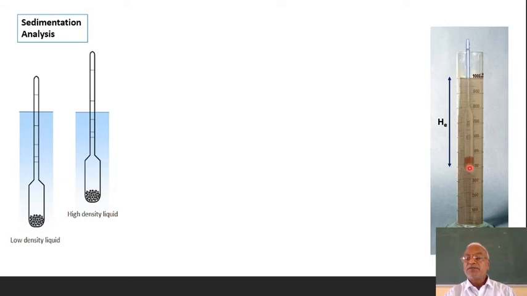Now the distance from the bottom of the bulb to the surface of the liquid is known as He, that is effective height of fall. Means the distance the particles fall through to go through the particular level.